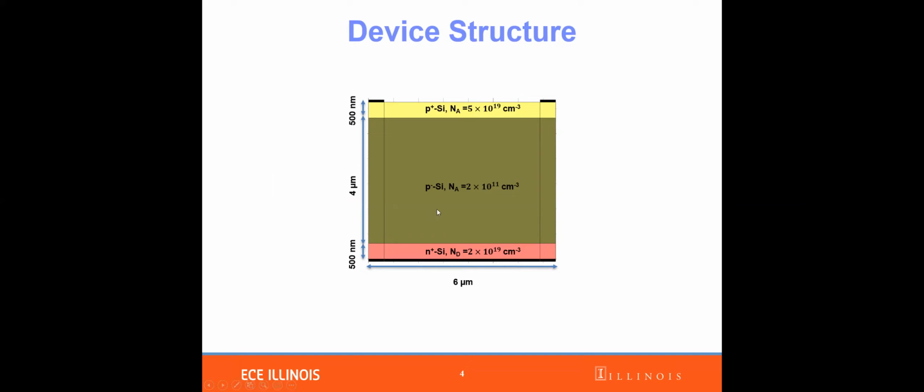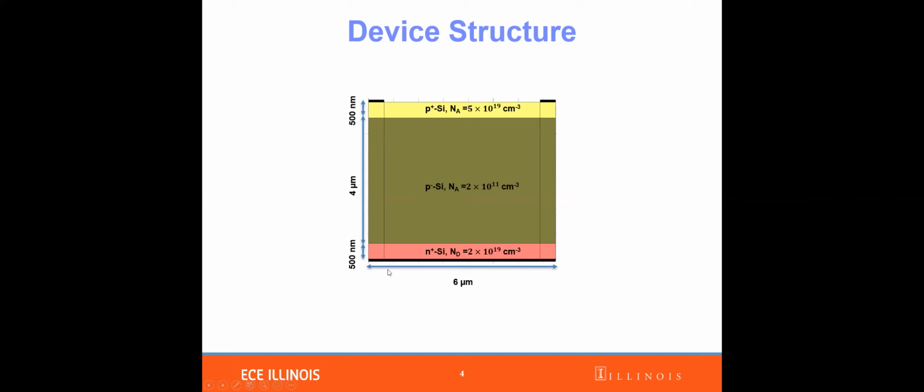You can see it's just a simple N, P minus, P plus structure. We first have a layer of 500 nanometer of N silicon with a doping concentration of 2 times 10 to the 19. We have a slightly p-doped 4 micrometer thick layer in the middle, and on top of it is a 500 nanometer P plus layer.